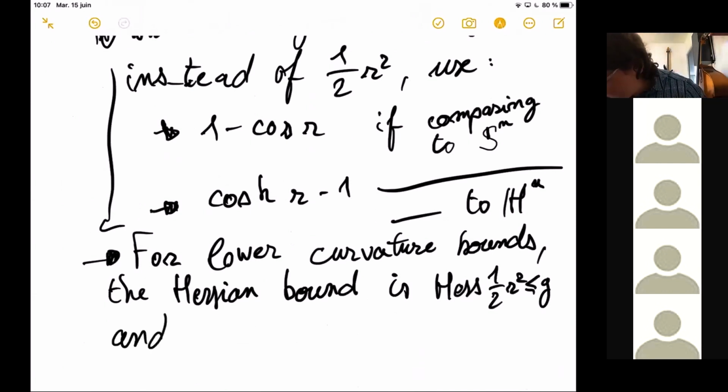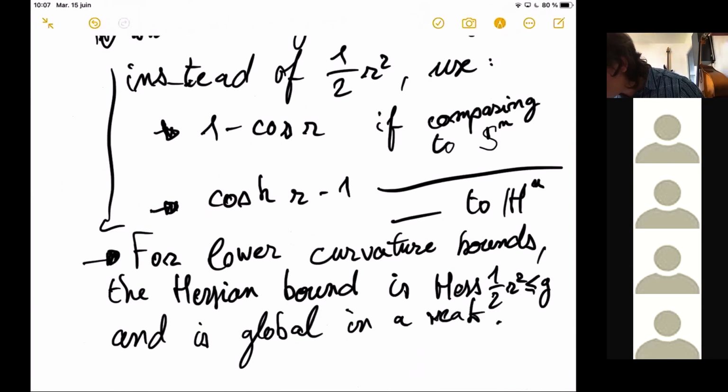It is global in a weak sense. You can interpret this Hessian bound as some convexity estimate along the geodesic, which we will see when we go back to triangles. And this is one of the strengths of non-negative curvature: it holds in a weak sense, whereas this doesn't on a non-simply connected manifold with negative curvature.